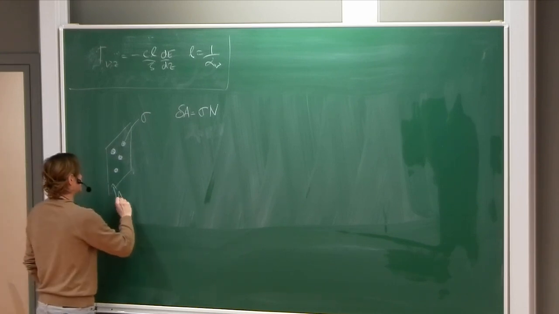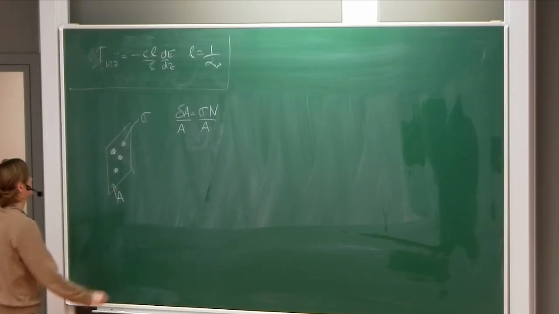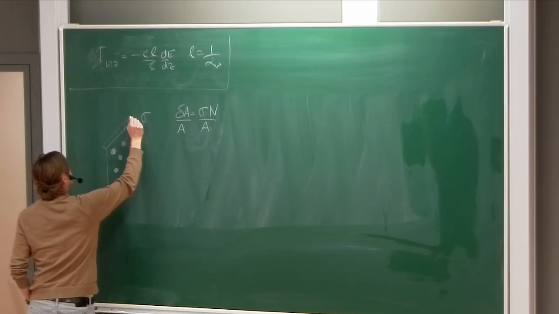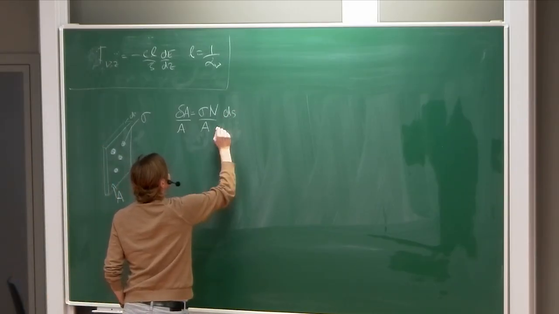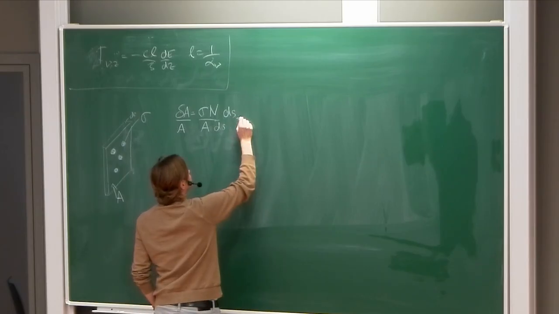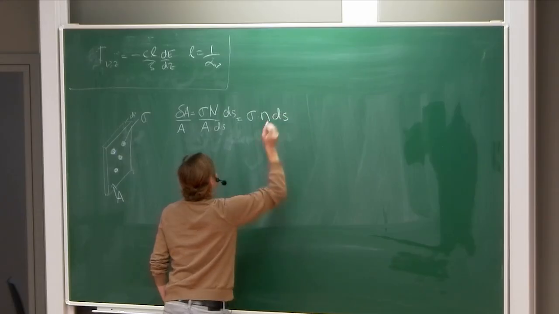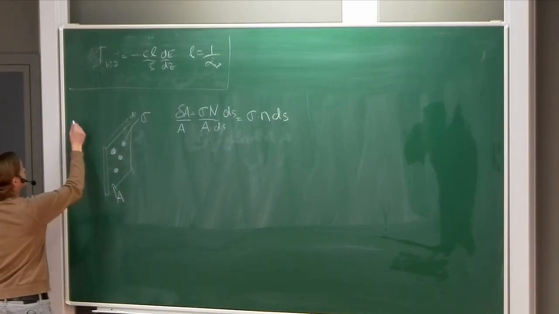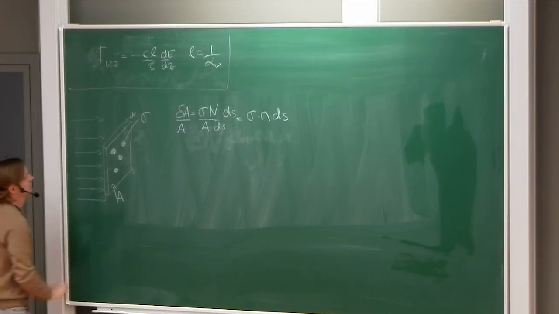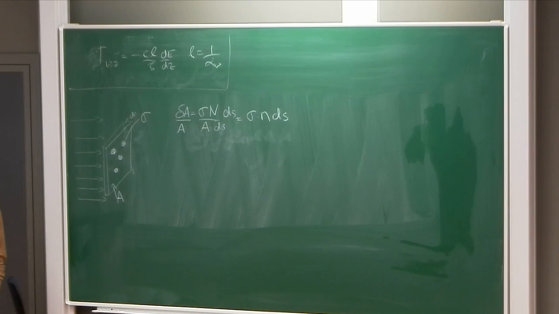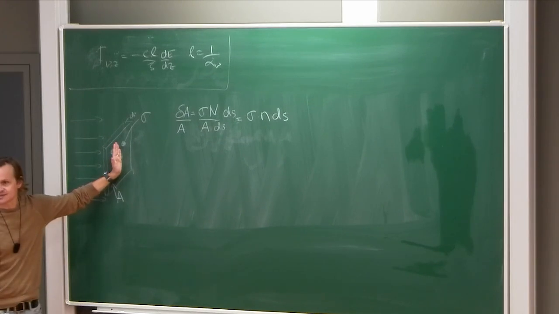And they cover then a fraction of the total area A. We're going to put the little ds here again inside, so we can put the ds there and the ds there, and then we see that we can write this also as sigma times the number density times ds. And then we put a beam of radiation here with incoming, and we ask ourselves how much is going to be absorbed, how much is going to be blocked by this.